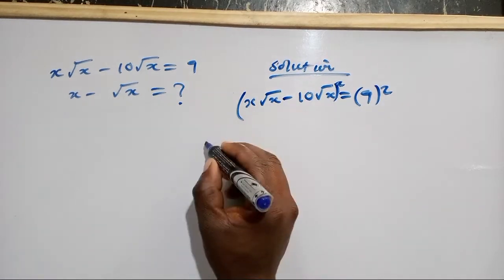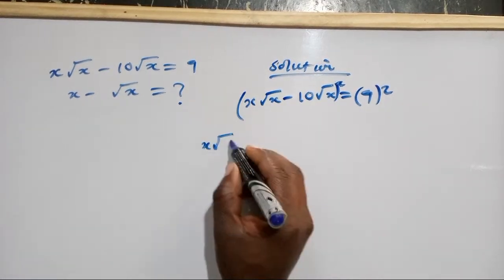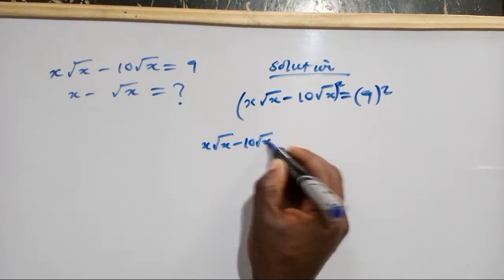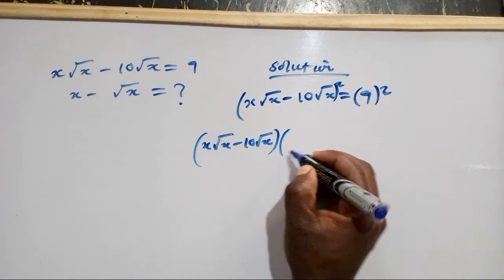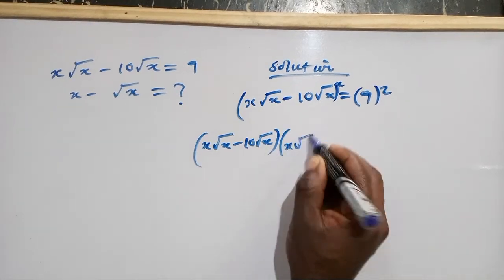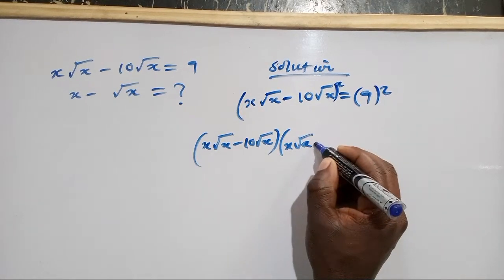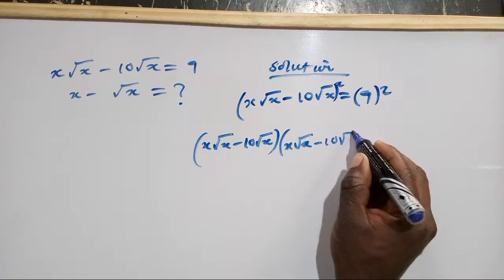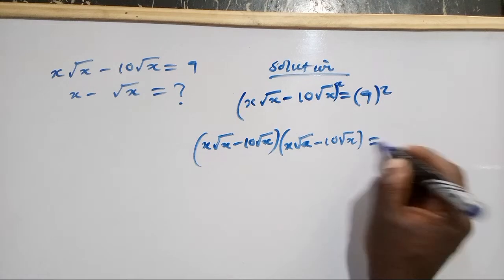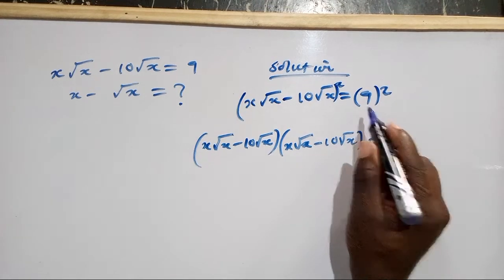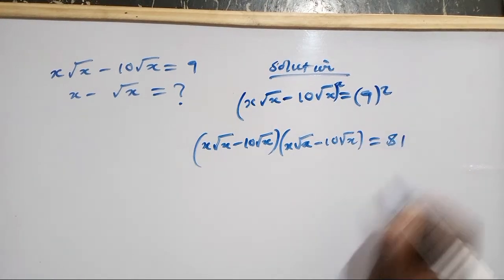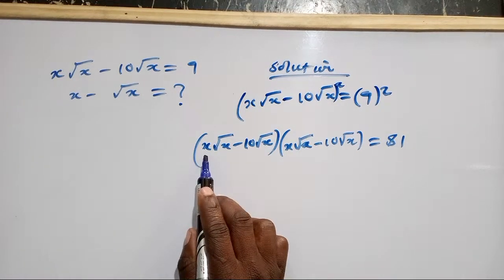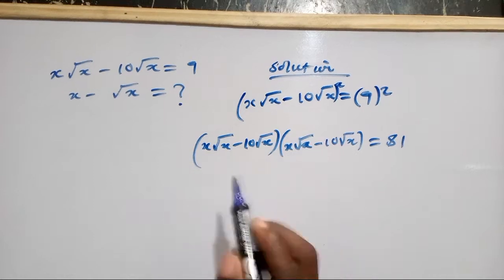So it will be (x root x minus 10 root x) in the bracket, then open bracket, x root x minus 10 root x, which will be equal to 9 squared, which is 81, right? Then here, x root x multiplied by x root x.